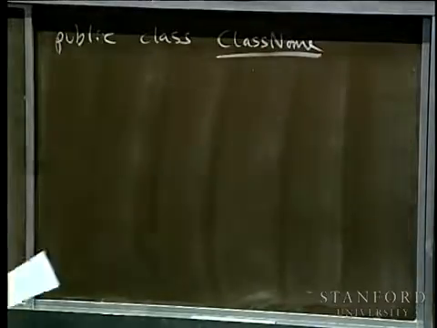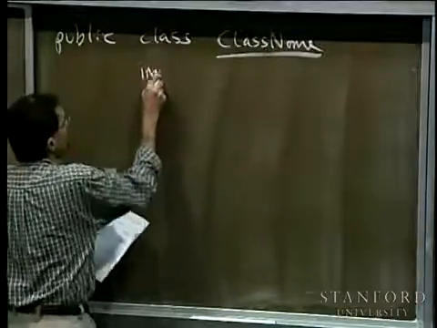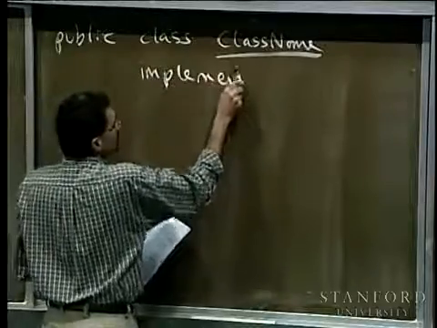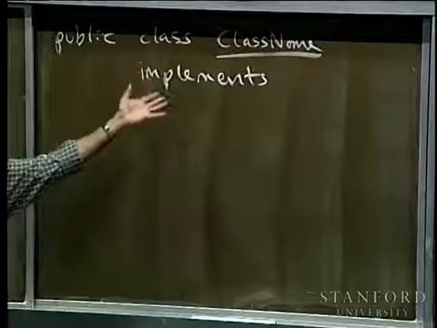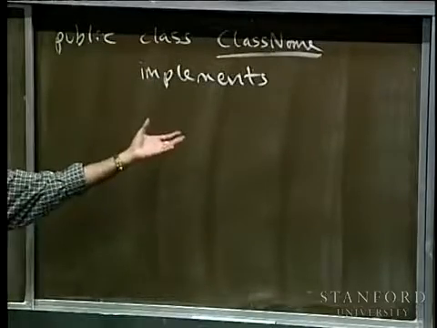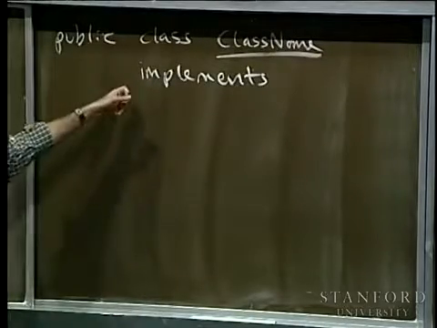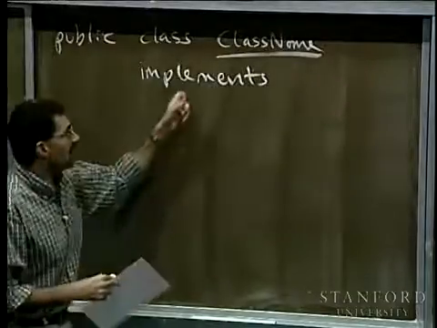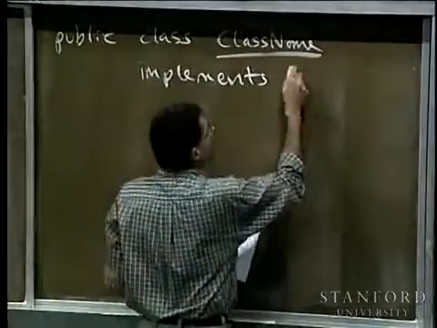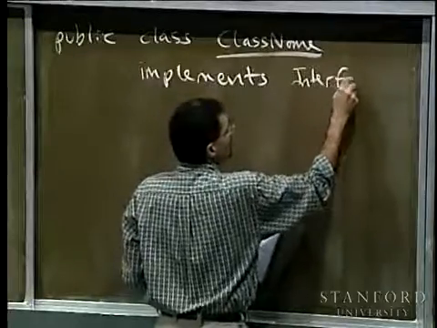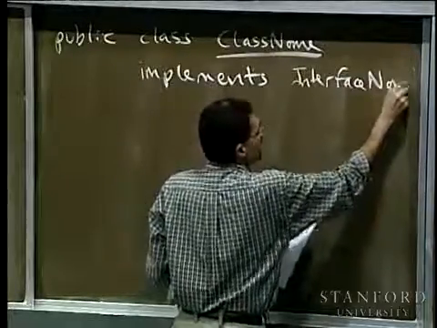And then what we would write is implements. This would all generally be on the same line, much in the same way as you've seen before, like your class MyProgram extends ConsoleProgram or extends GraphicsProgram. Here we have a notion of implements, which is an actual word in Java, and then the name of the interface that it implements. So over here would be the interface name.